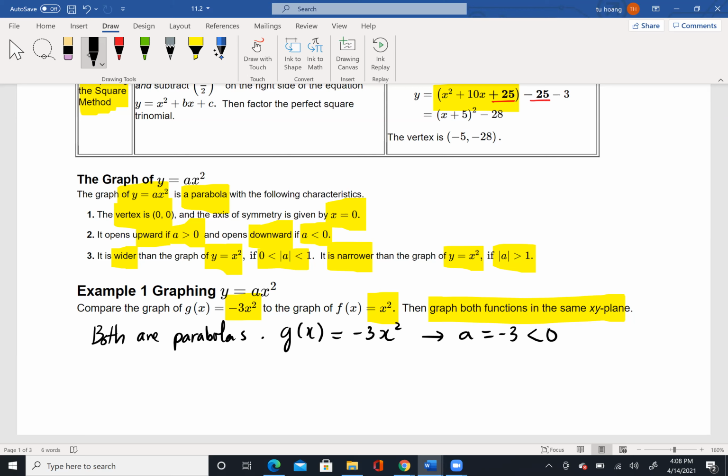So I will say that g of x is open downward.